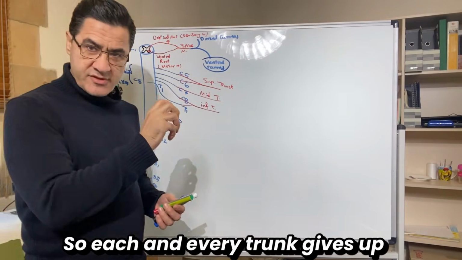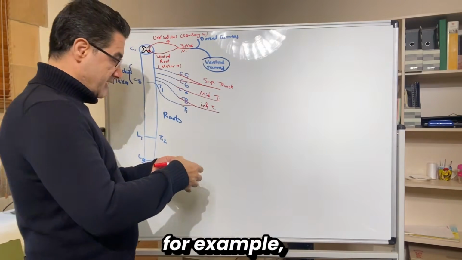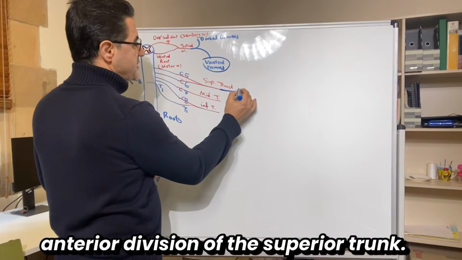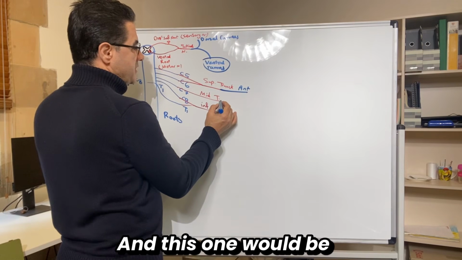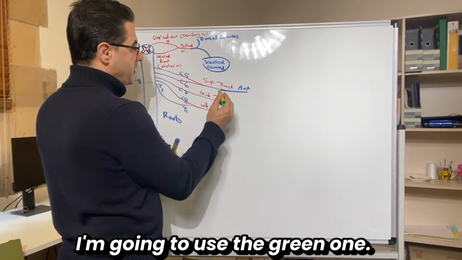Each and every trunk gives off some divisions, anterior and posterior divisions. So for example, here you can see the anterior division of the superior trunk, and this one would be the posterior division. I'm going to use the green one.